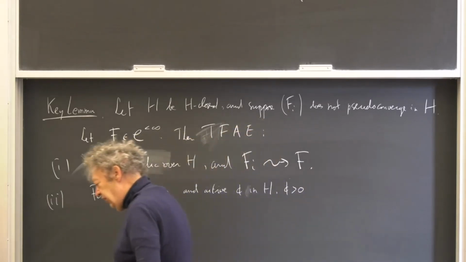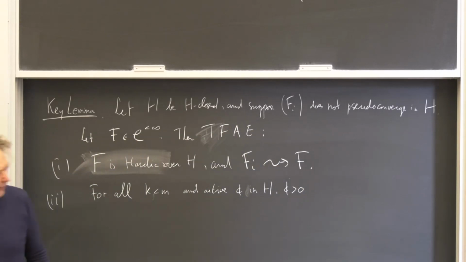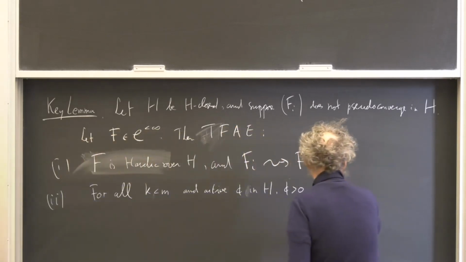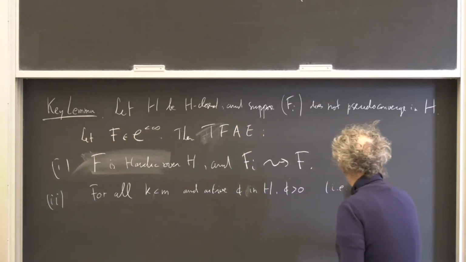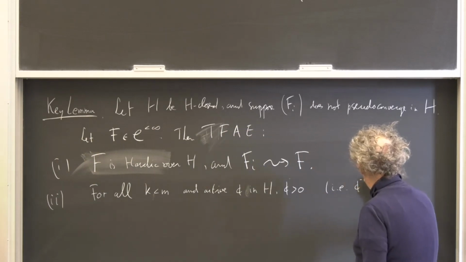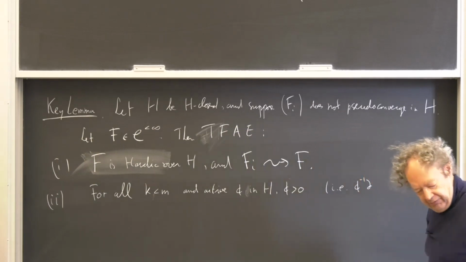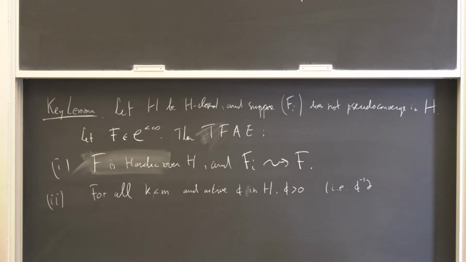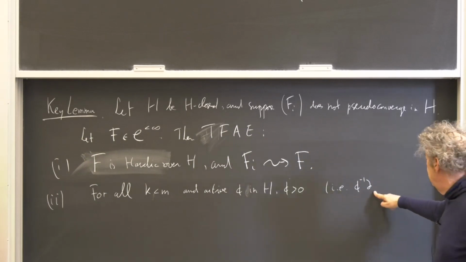Remember, this simply means that if you change the derivation by multiplying it by 1 over phi, it's small.